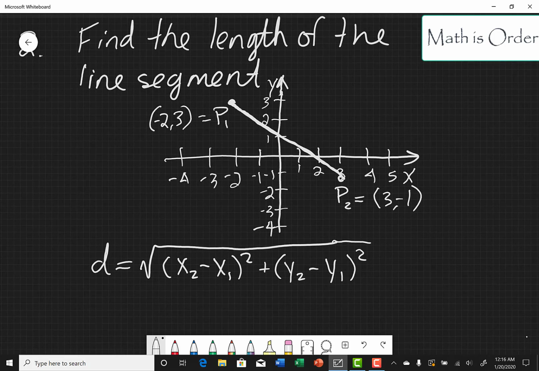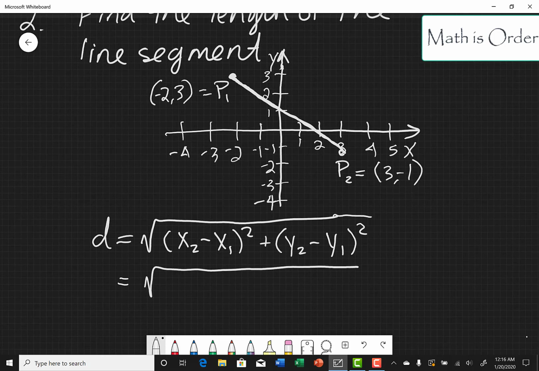All right, so when we substitute these values into the equation, what are we going to have? So x2, okay, let's call this x2, y2, x1, y1.